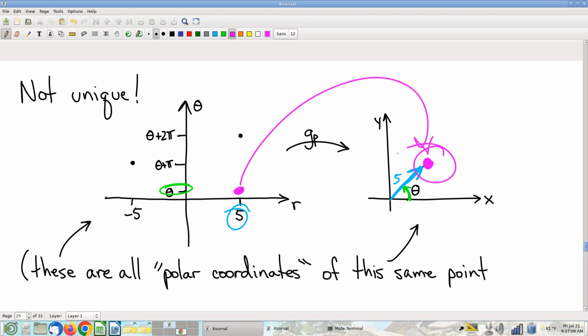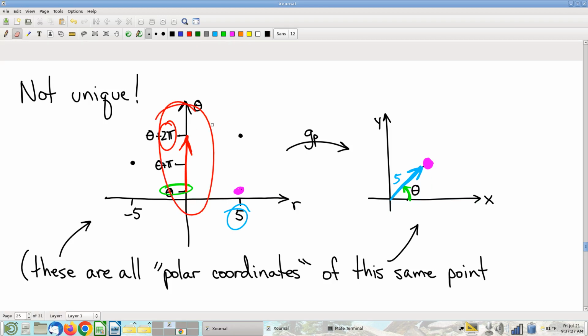But a couple of nasty observations. That value of theta, what would happen if I added 2 pi to that value of theta? This is what that looks like in the r theta plane. But forget about the r theta plane. What does that look like in the xy plane if I add 2 pi to the angle?